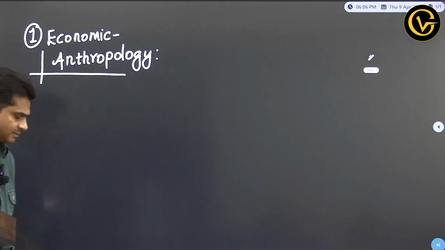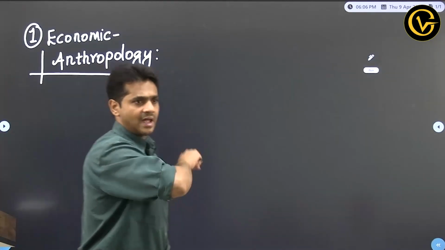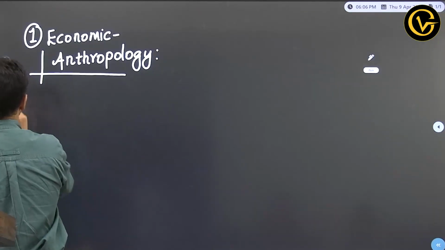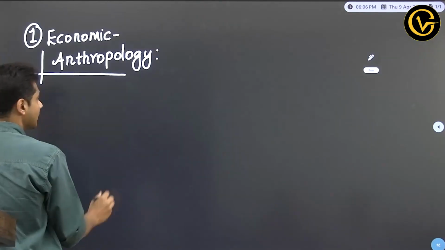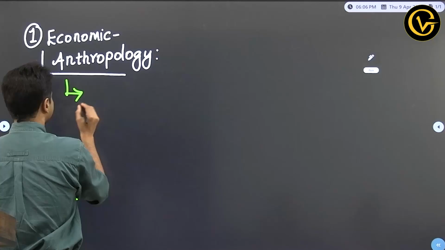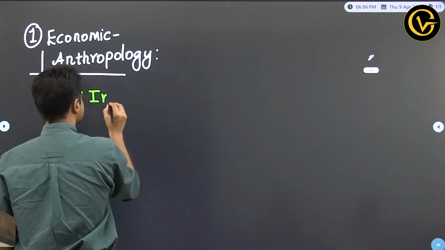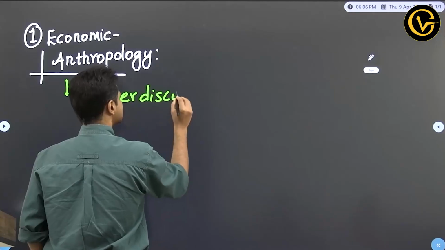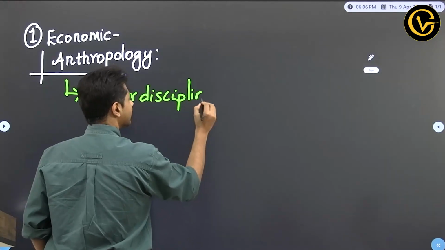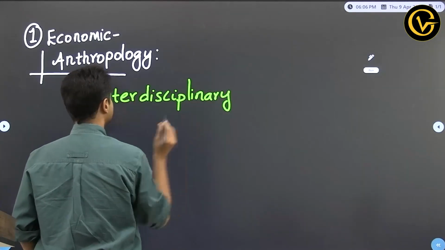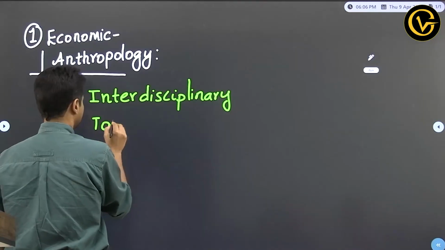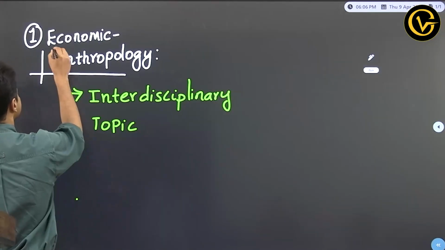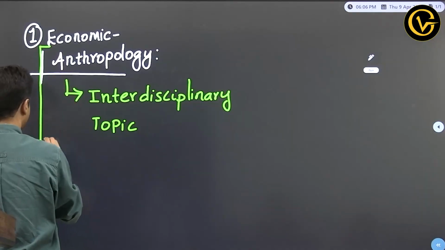Economic anthropology, to be precise, is an interdisciplinary topic. What is interdisciplinary? It means something which involves two disciplines or two subjects.